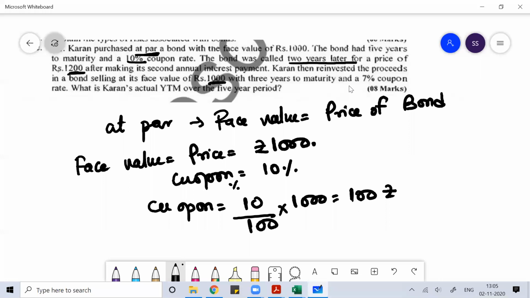Can you hear me, everyone? Is I'm audible? Shakib is telling that the voice is breaking.